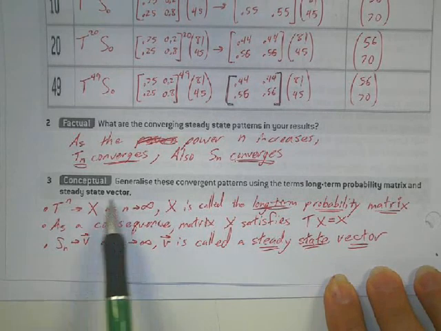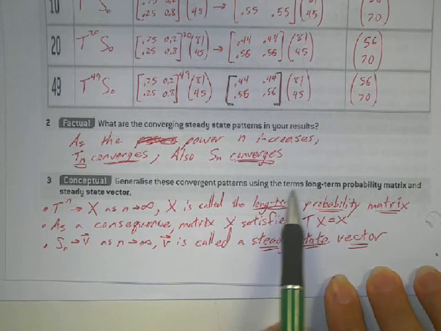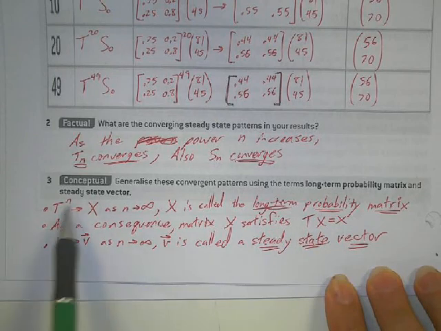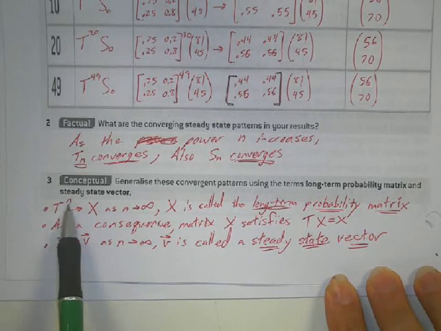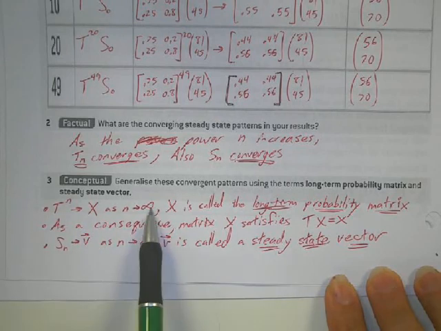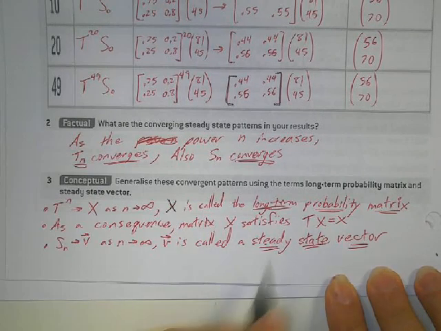We generalize these convergences using a long-term probability matrix and a steady state vector. So T to the power of n, as n gets really big, we can call X our long-term probability matrix, and we'll use that in a second.